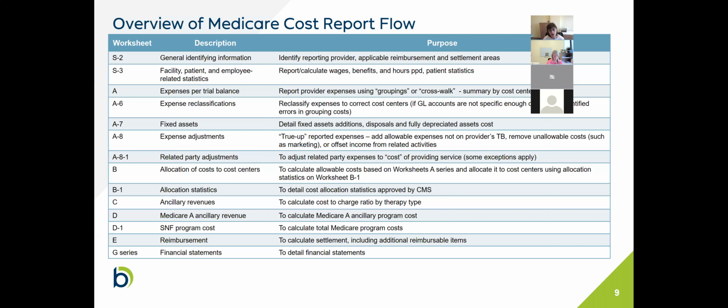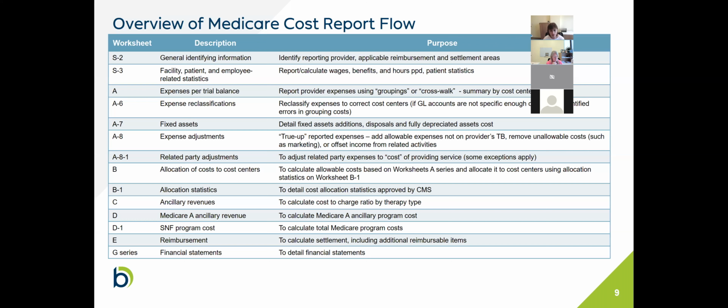And then on Schedule D, we have to report Medicare specific program ancillary charges. And normally we provide a statistical and reimbursement report for that. And if you don't have it, then we work with you to better understand how we can calculate those ancillary revenues.